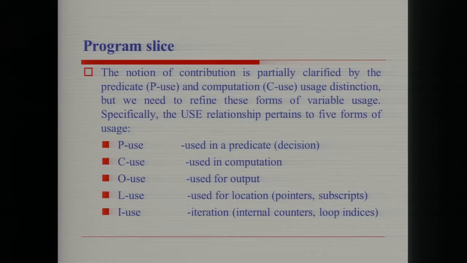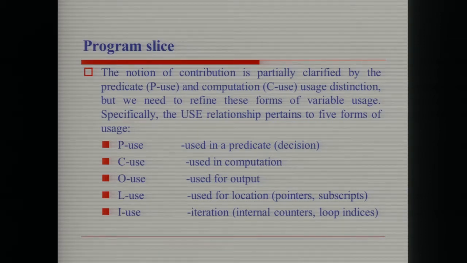Apart from that, in the case of program slice, we define some more terms. OUs means the variable is used in an output statement. LUs means the variable is used for location, like pointers and all.